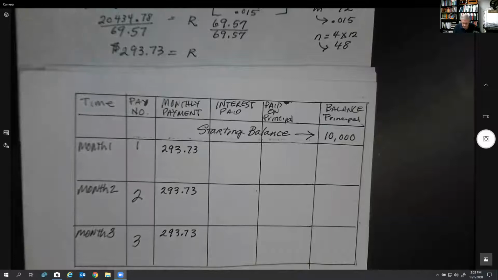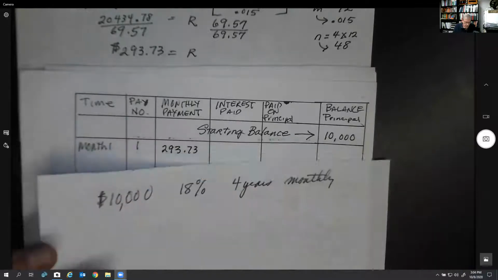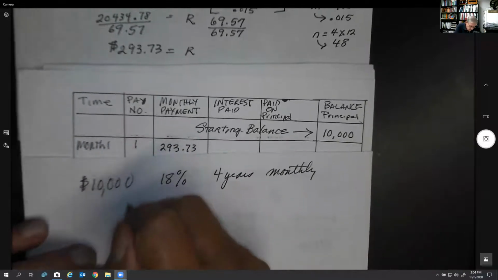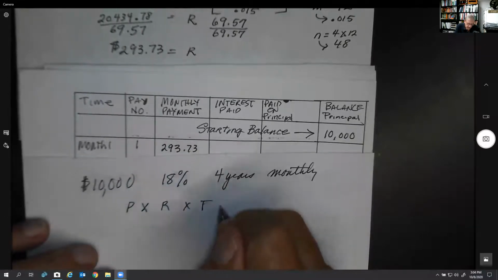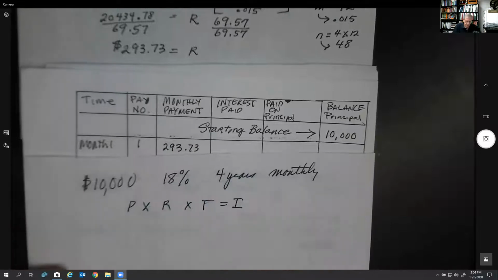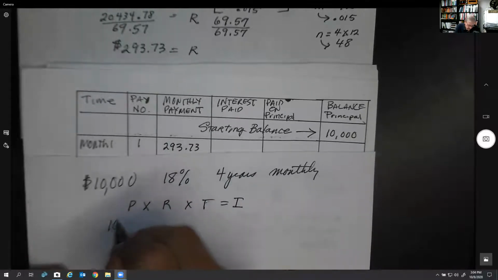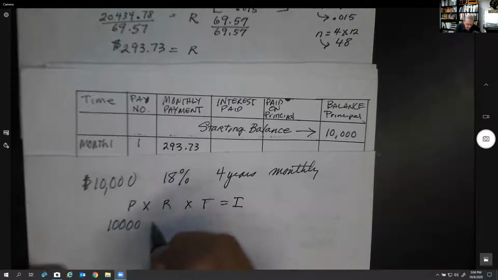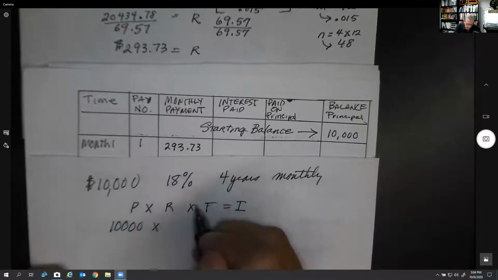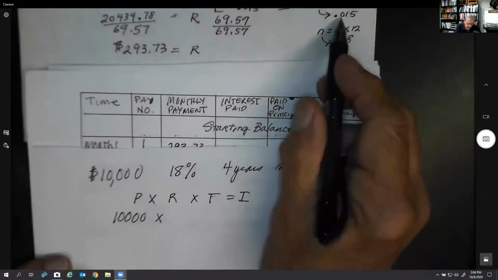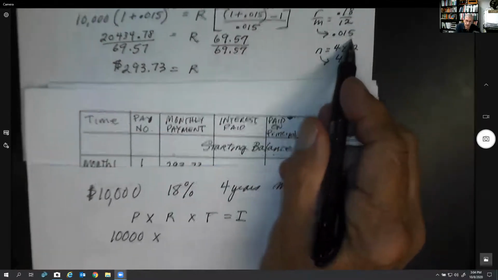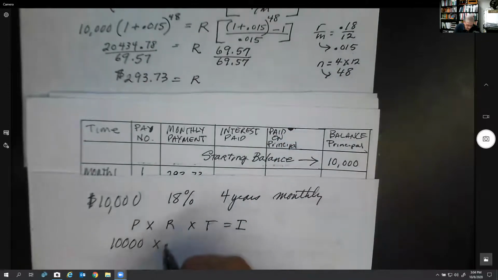So, first month interest. To calculate the first month's interest, principal times rate times time equals interest. We just do a simple one. Principal is $10,000 times rate. The rate of interest, we're going to use this number right here, 0.015. That's your monthly rate.